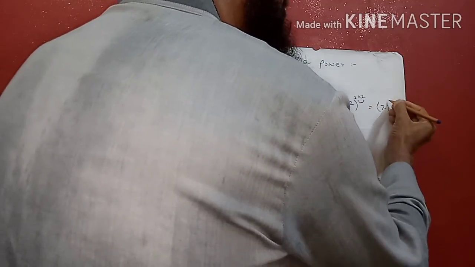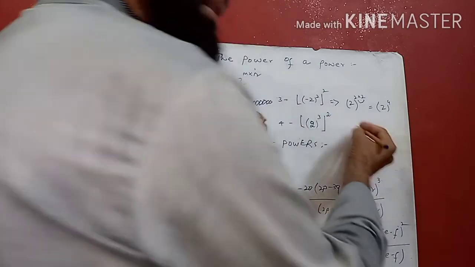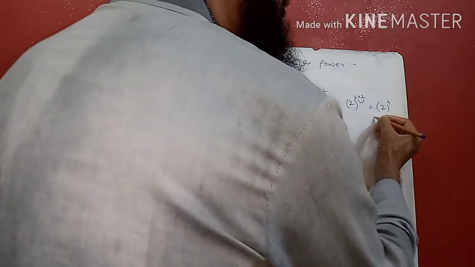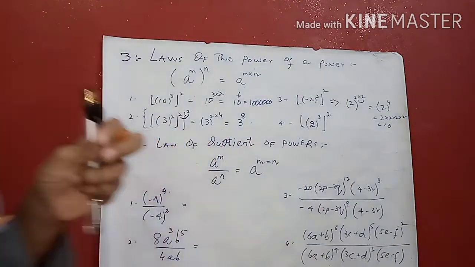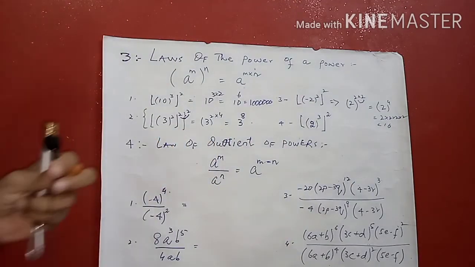The answer comes as 2 raised to power 4. Either we expand 2 four times or use the same answer, both are correct. That means 2 raised to power 4, 2 to the 4, to the 8, to the 16. This is the answer.